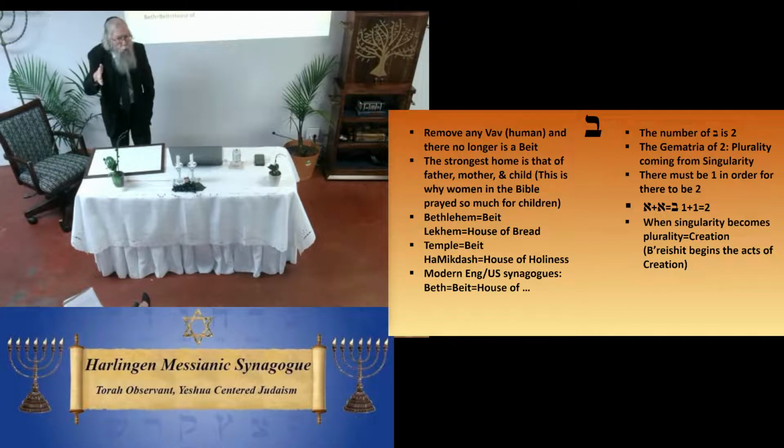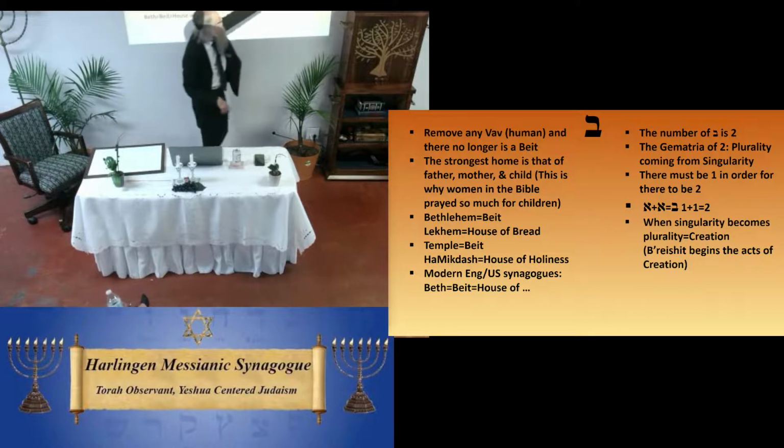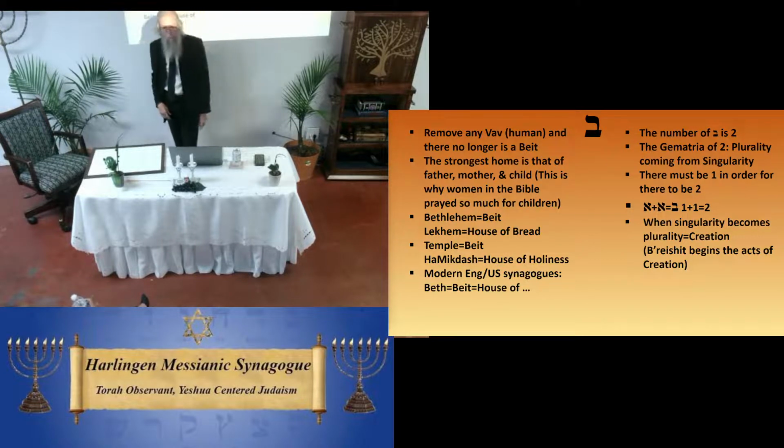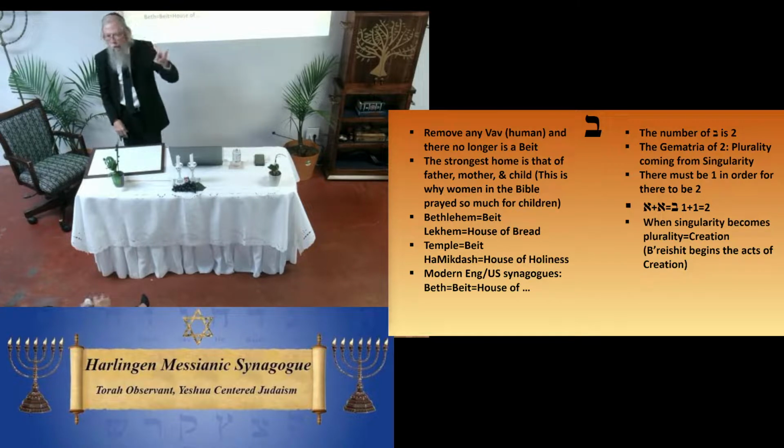In. Why? Because now plurality has happened. The reason Torah begins with Bet is because Bet is 2. Plurality. There's no longer singularity. It's not just God anymore. It's creation. God and creation.